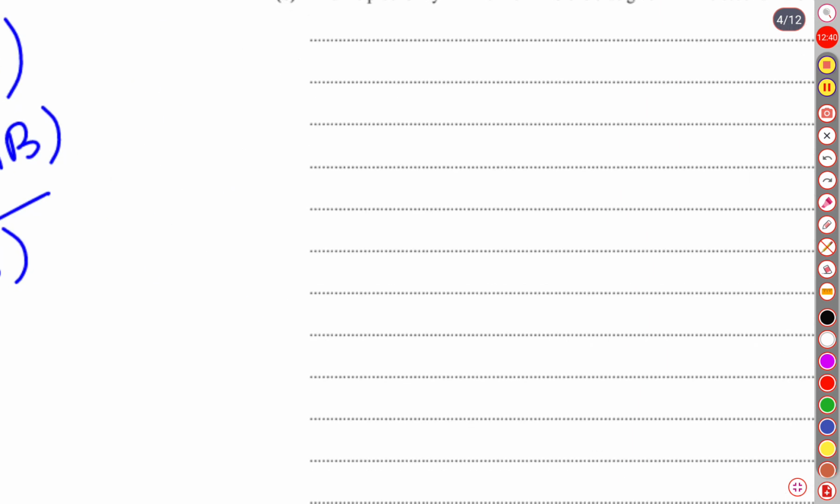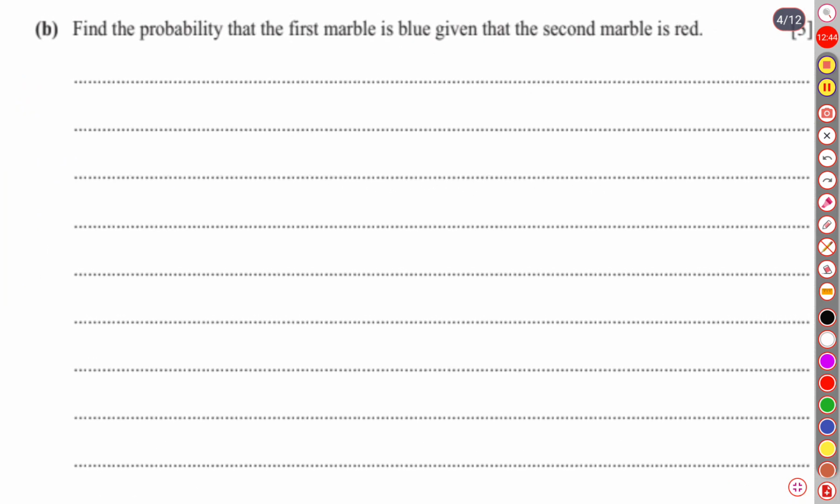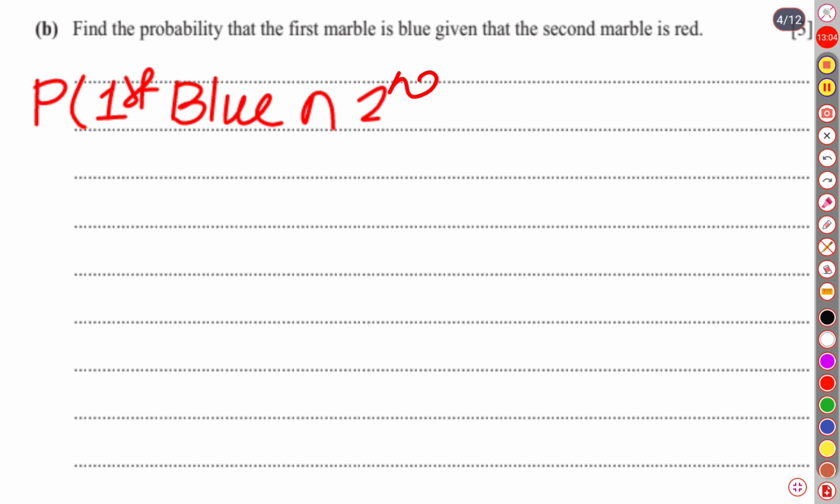That's why first we will find the probability that the first one is blue intersected with the second one is red. So let us find: first one is blue, intersected by second one is red.